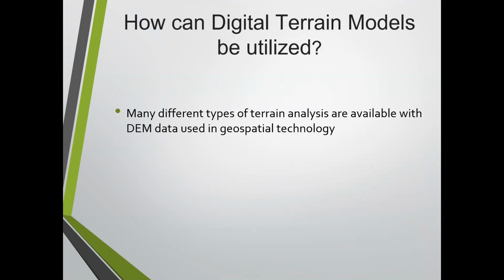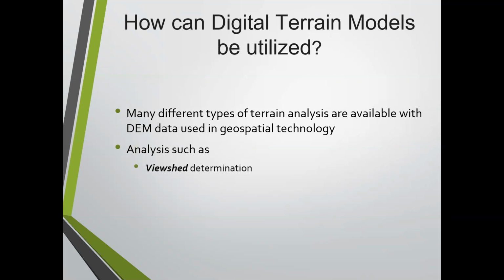Okay, so many different types of terrain analysis can be done when you have your digital elevation model. So any good geospatial technology software will have these capabilities. Everything we'll talk about here is truly in Civil 3D. They may not call it the same terminology, but it pretty much has that as well.